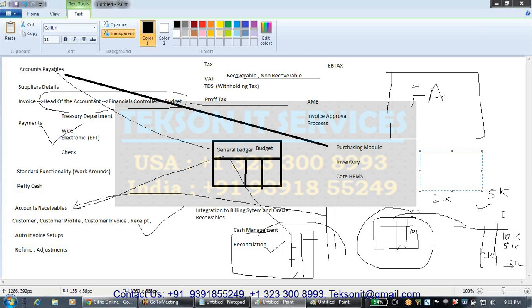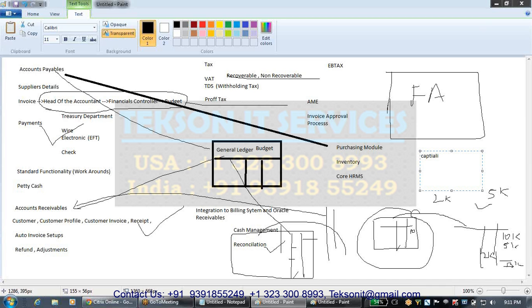Any other points? Even for the tax benefits, right? You can show them that our asset values are getting reduced, right? Yes, tax benefits.